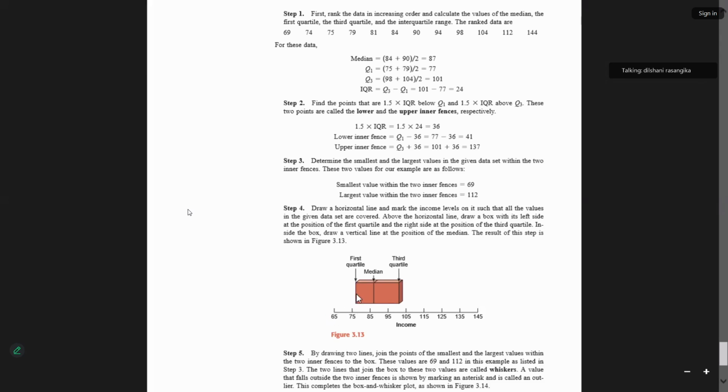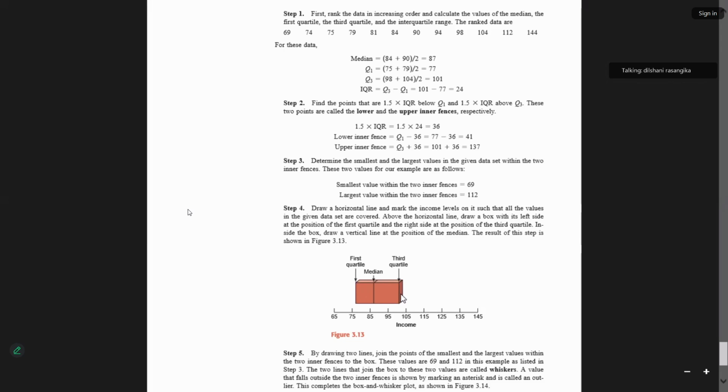Then I need to mark the first quartile. It is 77. So I'm going to take a rough value and mark it with a vertical line, right? There are no specifications for the height of this line.